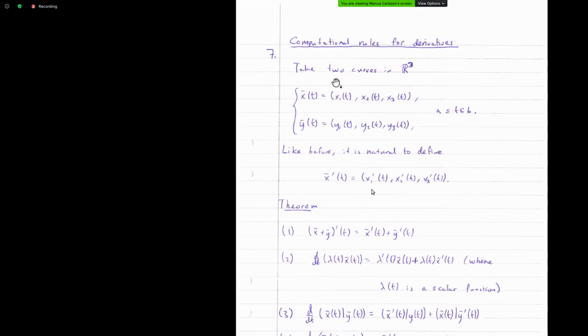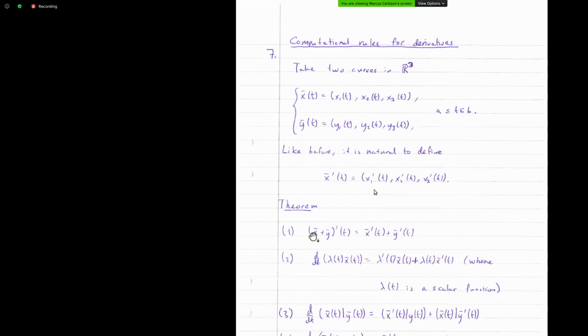First of all, we can do this in 3 variables. Nothing changes. So the velocity, in 3 variables: you have 3 functions making up the 3 coordinates. You can differentiate each one of them with your Analysis 1 tools. And if you make the triple of those 3 derivatives, then you have the velocity of your 3-dimensional curve.